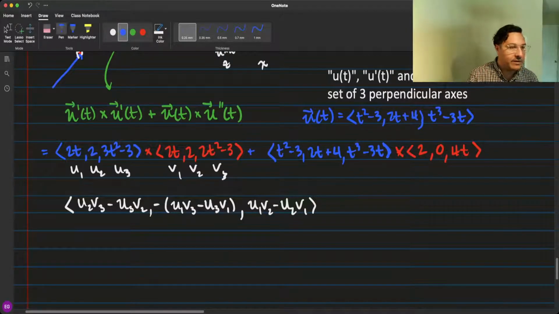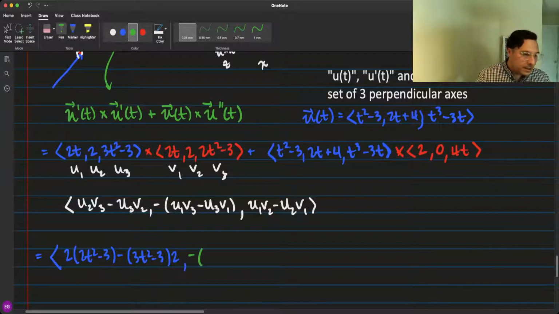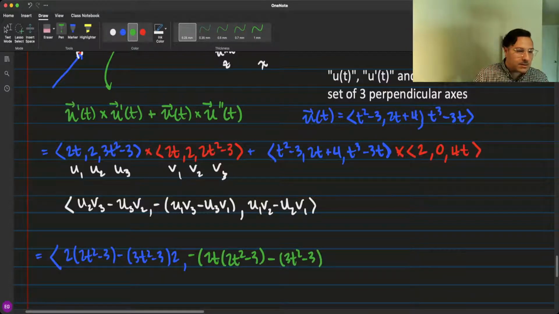So let's go and calculate that for the first two. U2 is 2, V3 is 2t squared minus 3, and then you're going to get minus U3, which is 3t squared minus 3 times V2, which is 2, comma, minus U1 times V3, which is 2t squared minus 3, and then minus U3, which is 3t squared minus 3 times V1, which is 2t, comma.